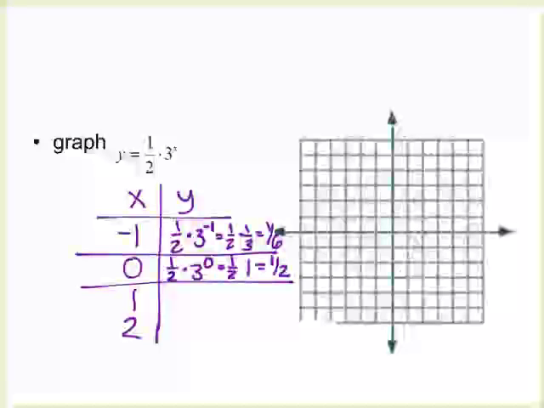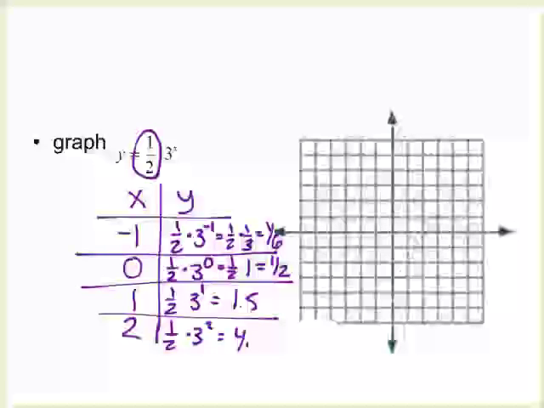When we plug in 0 in our chart, you will always get that front multiplier. When I plug in 1, 1/2 times 3 to the first is 3/2 or 1.5. When I plug in 2, 1/2 times 3 squared is 9/2 or 4.5.